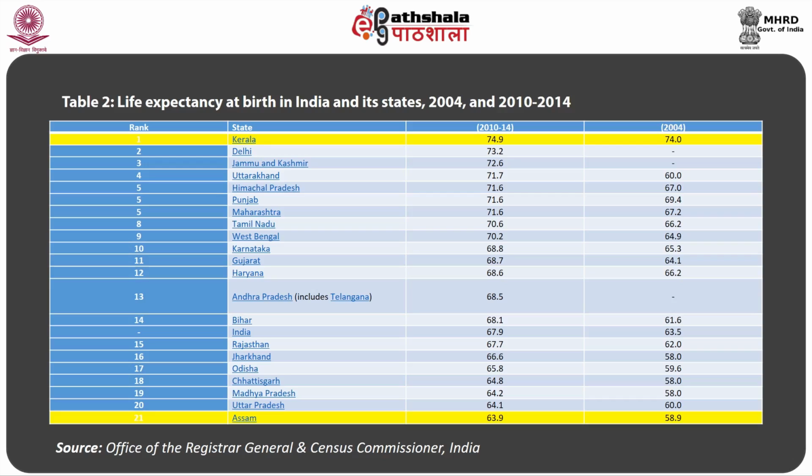The report provides life expectancy at birth for the years 2002-06 and 2010-14. Kerala had the highest life expectancy among the states in India, while Assam had the lowest. The figures for northeastern states were unavailable.